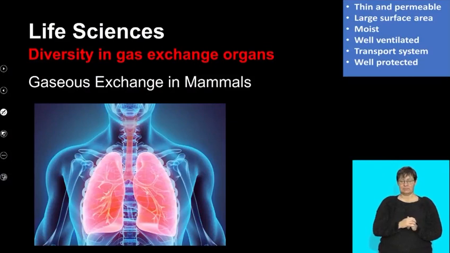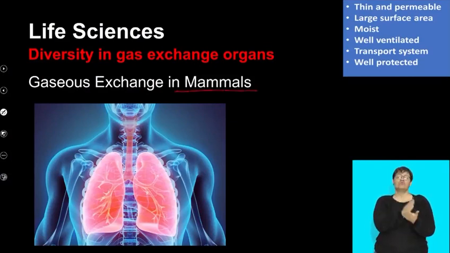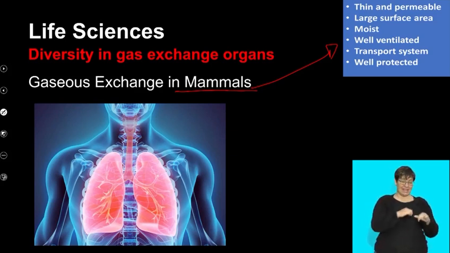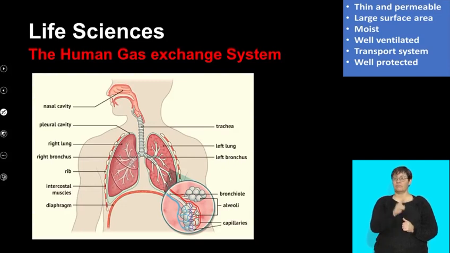Each time we look at it, we need to make sure that we link this concept, structure versus function. How is the structure of the system made in such a way that it works so well?